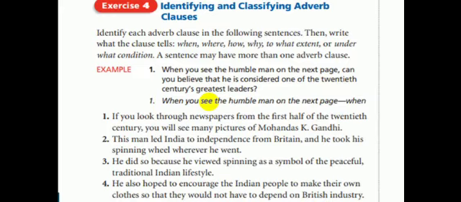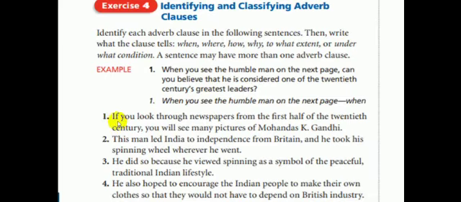So let's start. If you look through newspapers from the first half of the 20th century, you will see many pictures of Mohandas K. Gandhi. The subordinating conjunction is if.